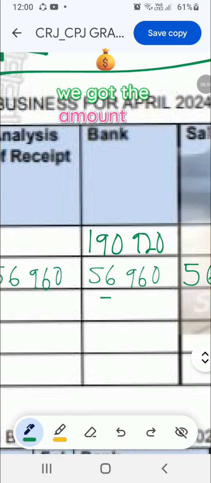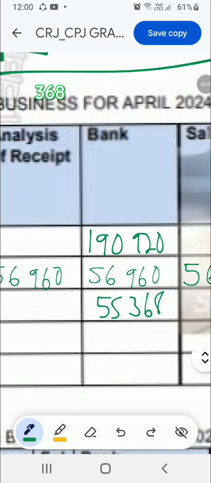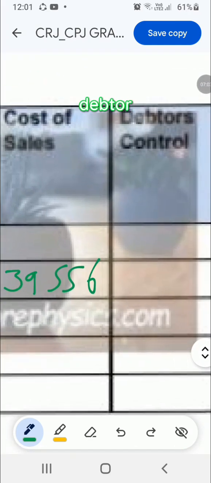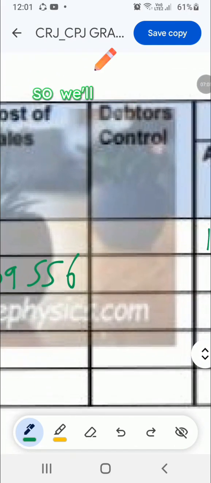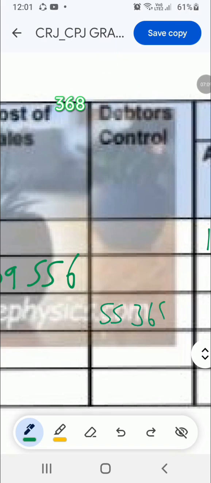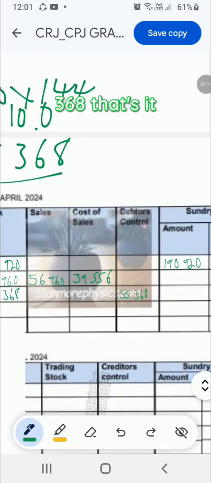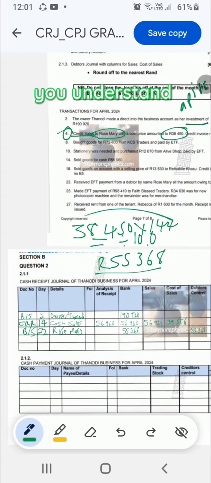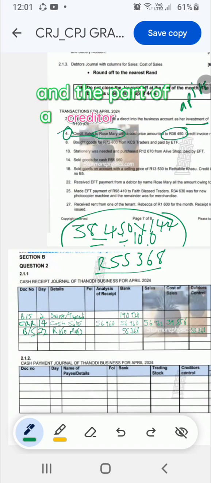We got the amount 55,368. Now she's a debtor. So we'll write her amount here, 55,368. That's it. As long as you understand this part and the part of a creditor or a debtor.